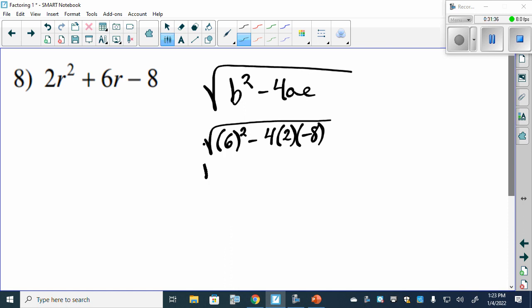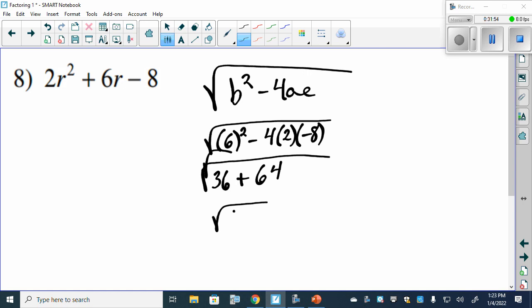Now 6 squared would be 36. Our negative 4 and negative 8 will make this positive. 4 times 2 would be 8, and 8 times 8 is 64. 36 plus 64 is 100, and the square root of 100 is 10. If we get a whole number, it means it will factor. So it's a kind of good way to check.